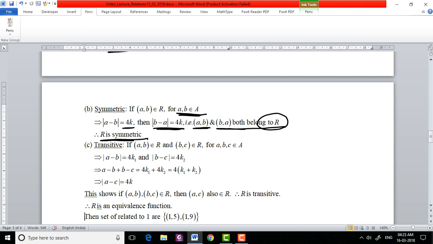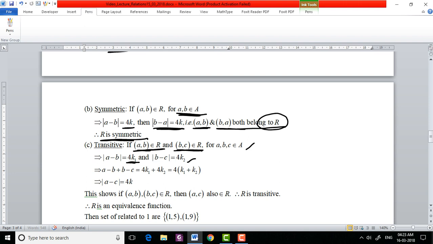Let us go to the transitive part. We need elements of the form (a, b) belonging to relation R, and (b, c) belonging to relation R, for a, b, and c belonging to set A. If (a, b) belongs to R, that means a minus b is a multiple of 4, so a minus b is equal to 4k1, and b minus c is also a multiple of 4, so b minus c is equal to 4 times k2.